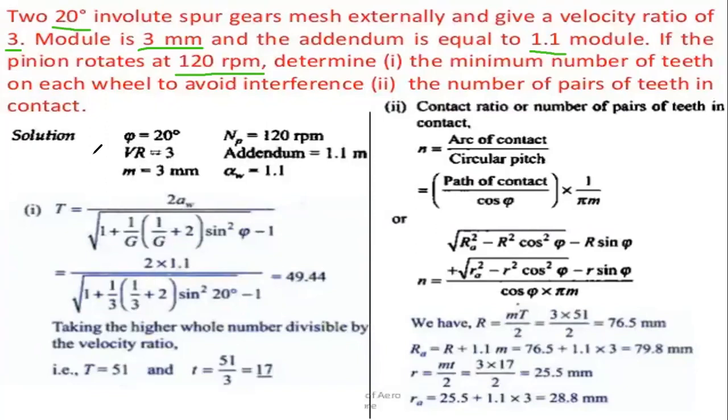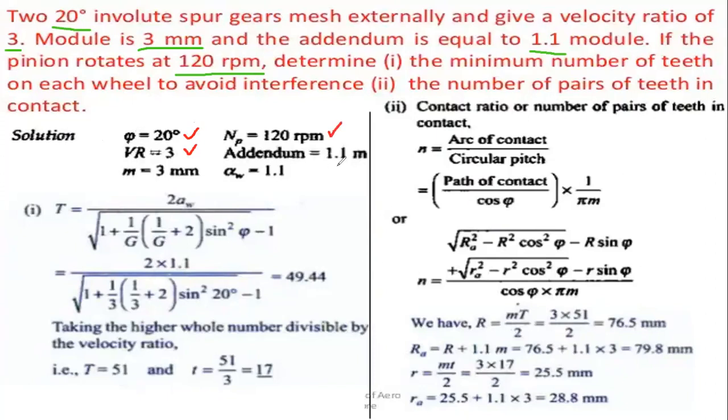First of all we have to write the given data. Phi is given as 20 degrees. The velocity ratio is 3. Next, the speed of the pinion is given as 120 rpm.